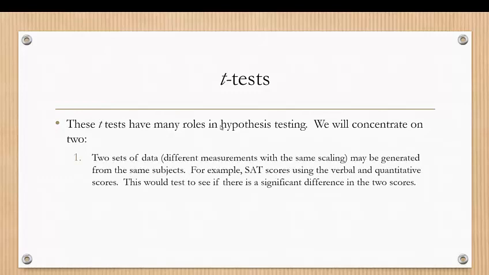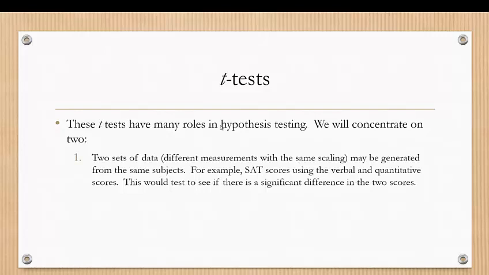2 sets of data, different measurements with the same scale, may be generated from the same subjects. Same scaling being interval or ratio, that kind of stuff. We'll see that in a minute. But we have 2 sets of data from the same subjects.